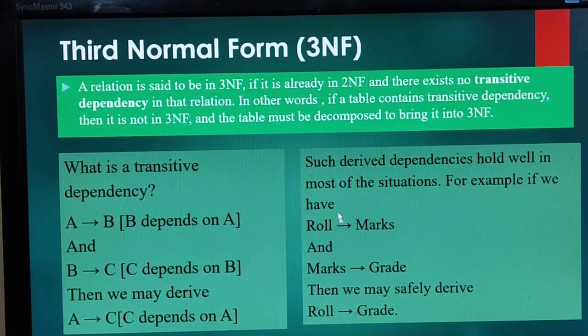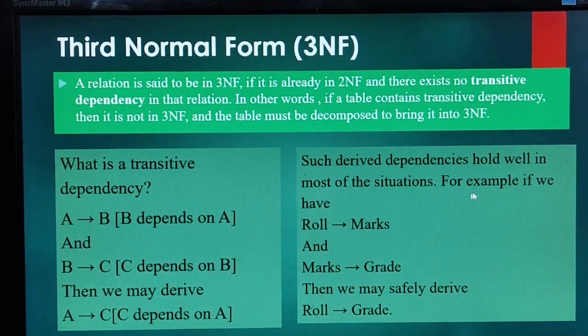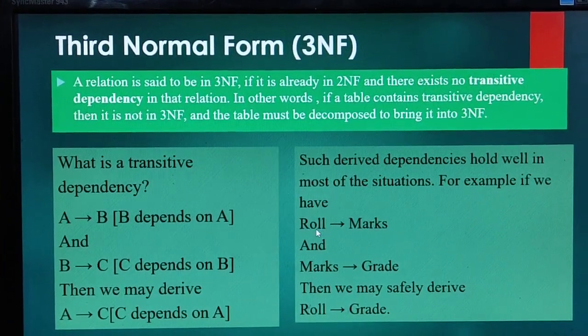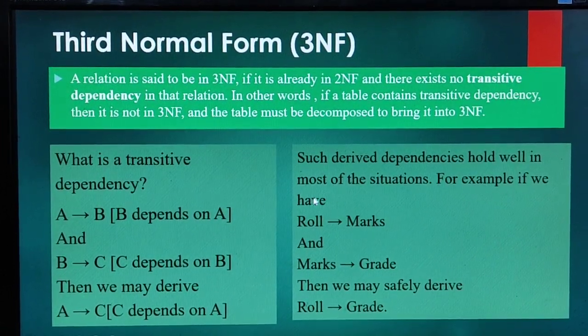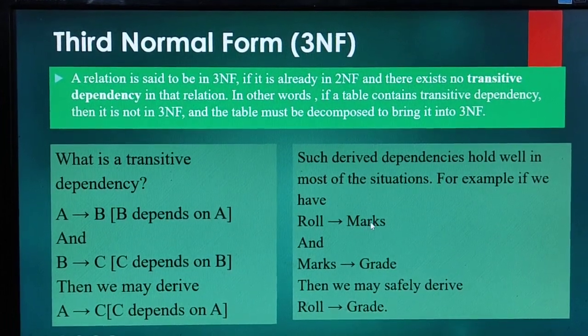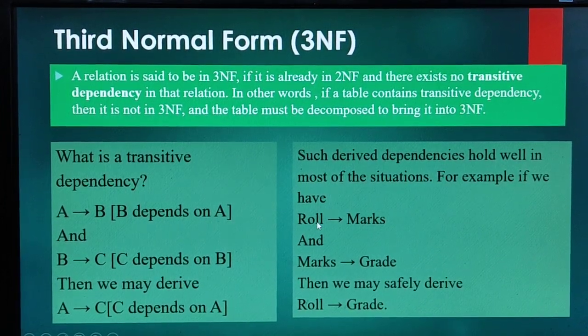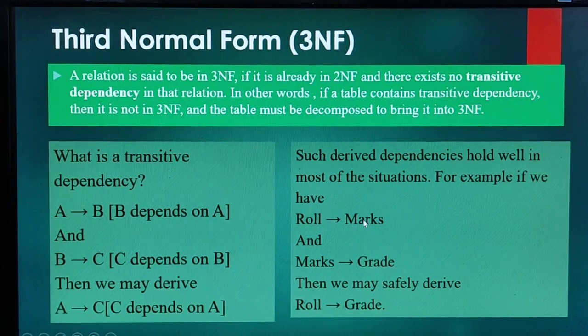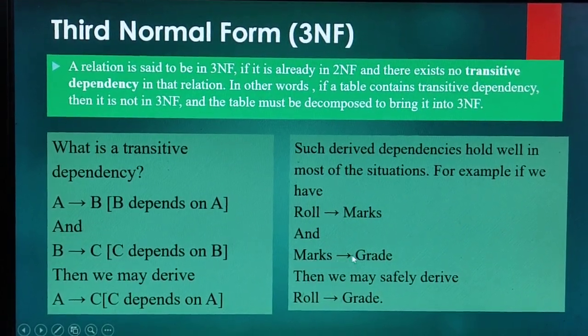For example, here is a simple example. Roll number to marks. That means marks is dependent on roll number. For example, one student has a roll number and has scored 60 marks out of 100. So 60 marks is dependent on a particular roll number. This indicates marks depends on roll number. And marks to grade.